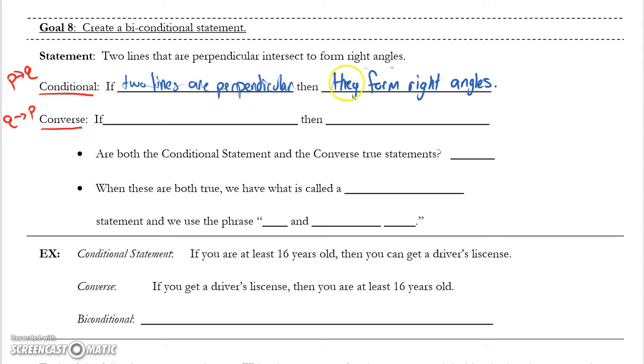But again, I can't say if they form right angles because I haven't defined what they are. So I do want to say if two lines form right angles, then they, I can use they in my conclusion, are perpendicular.